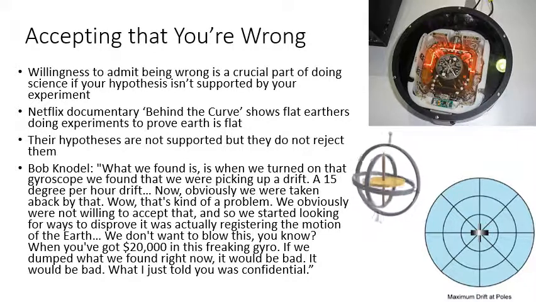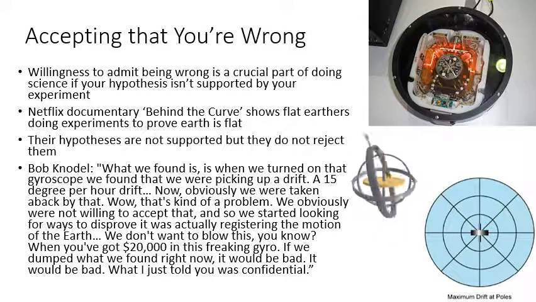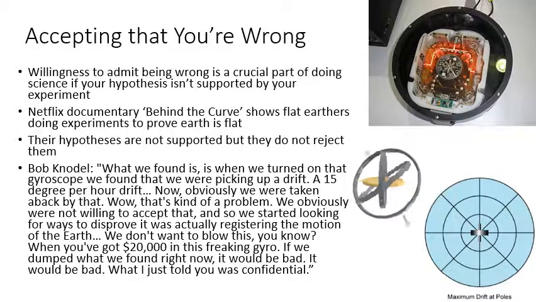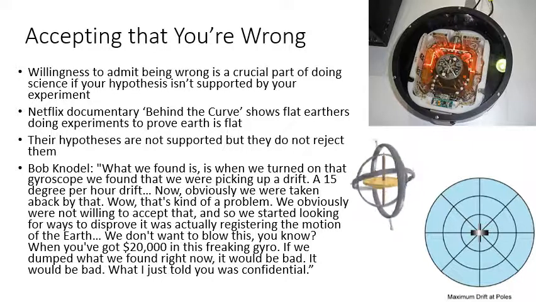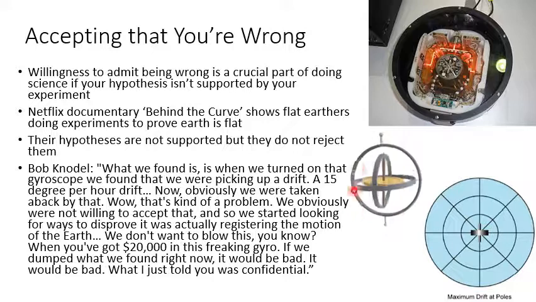So I have a quote in here from this documentary, from a guy called Bob Knodel. He and a group of flat earthers had actually pooled their money and bought a really expensive gyroscope, a multi-$1,000 gyroscope, and it's really, really sensitive. So over here you can see a basic gyroscope. Gyroscopes are designed to measure acceleration.